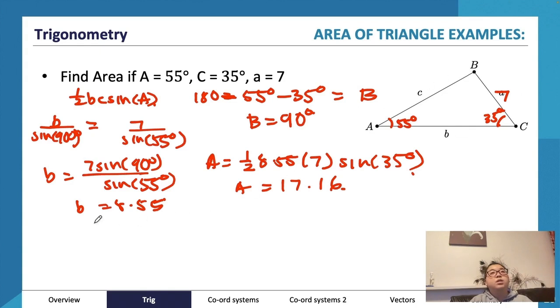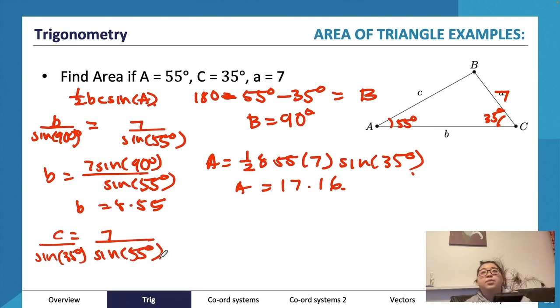And you can check that if, for example, you found what C was here, which would have been C equals sine 35 degrees over 7 sine 55 degrees. So you would have gone sine 35 degrees, and then that equals 4.9 something, right? And then we identify how this is a right angle triangle.